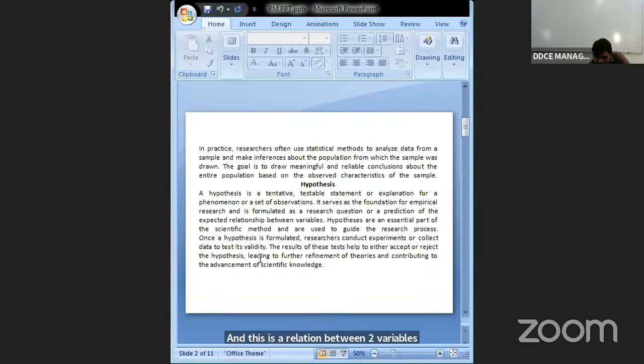So generally in research there are two types of variable we will observe. One is dependent variable, another is independent variable. Are you getting? So my research statement is, suppose I want to do a research that there is some impact of social media in our business. In this case, who is dependent, who is independent variable? Who can say?